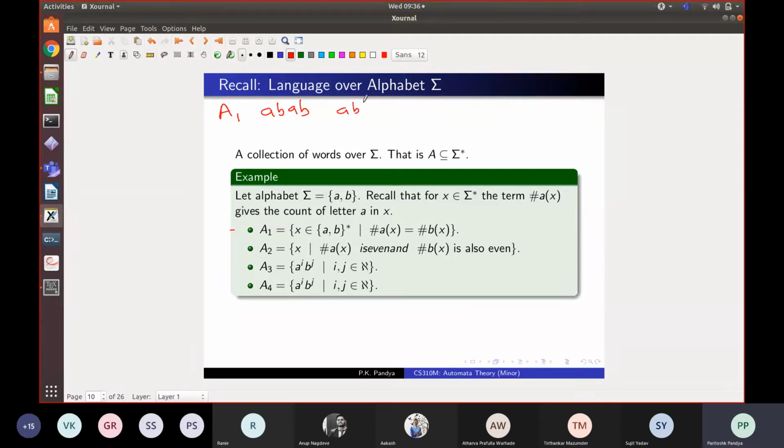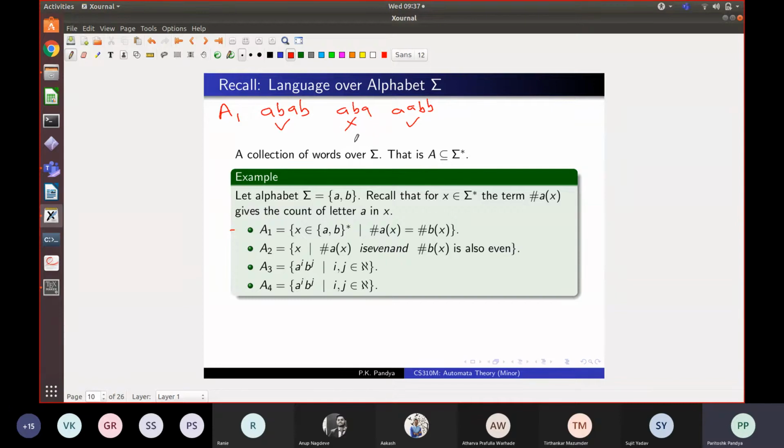What about ABA? This will not be in the language. BB will be in the language, and the word can be arbitrarily long, but as long as it satisfies this condition, it will be in the language. So we have an infinite collection of words which meet this condition, and that defines the language A1. I hope you are clear about language A1.